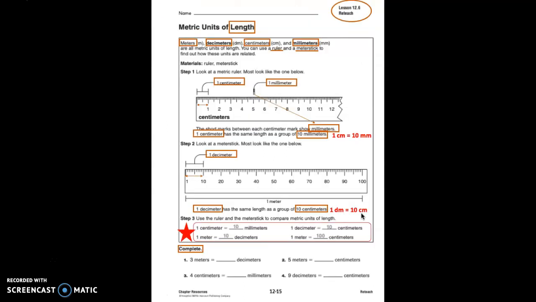Let's try some together. Let's work on number 1. 3 meters equals blank decimeters. I'm going to use my chart up here to help us. So I know that 1 meter equals 10 decimeters, and that says it right up here. So I need to think: 1 times 3 equals 3.